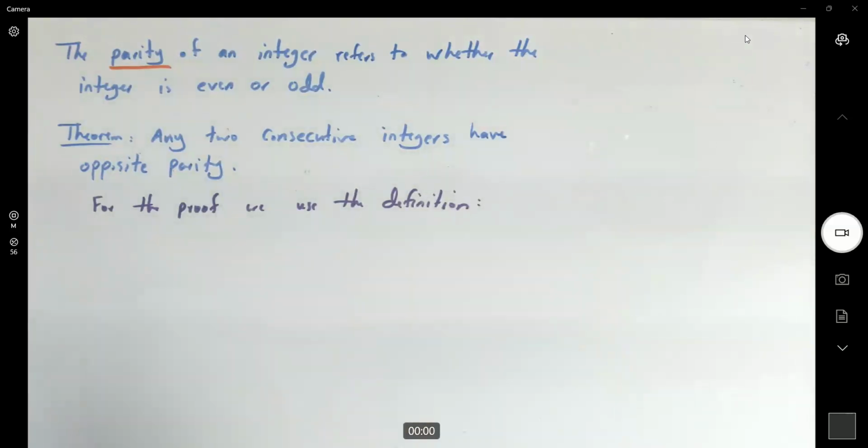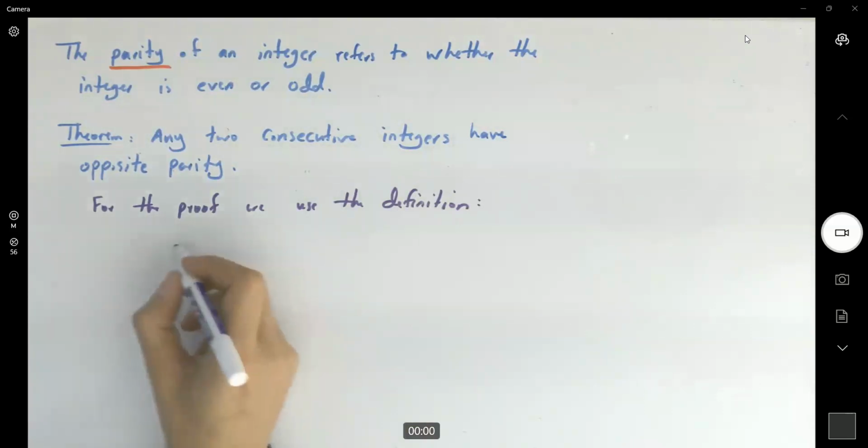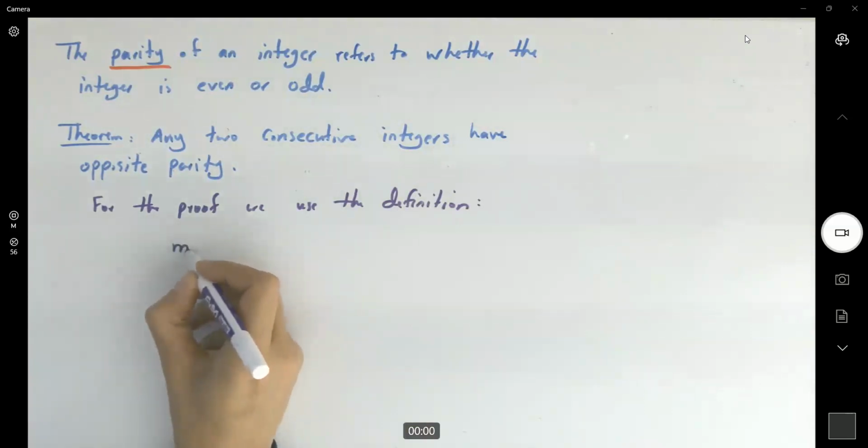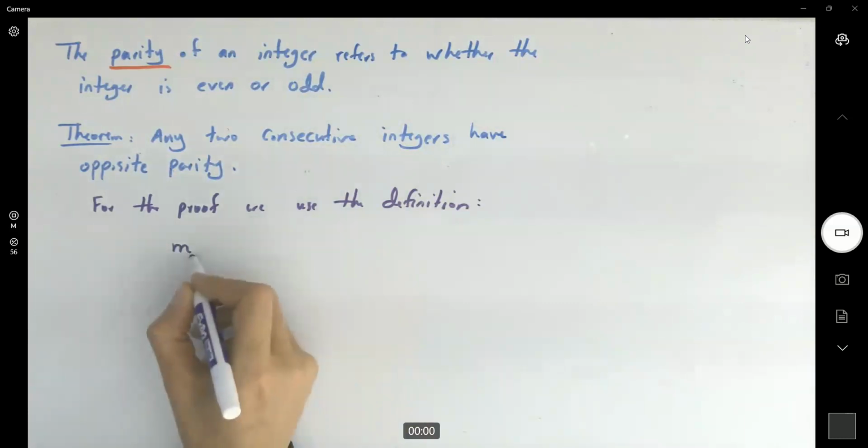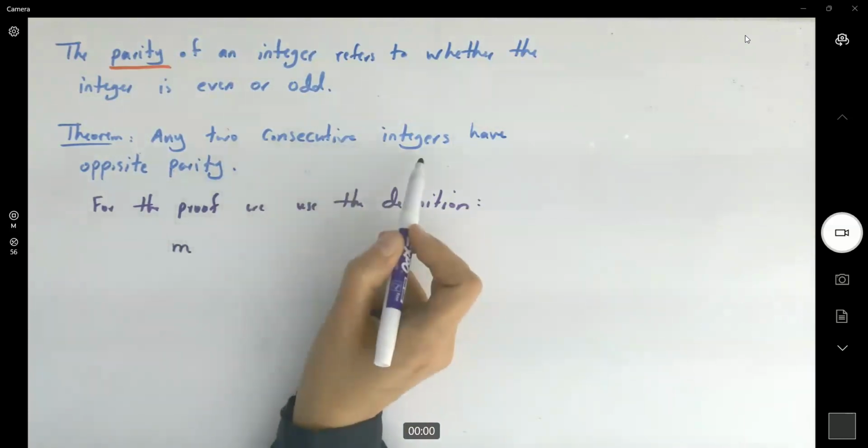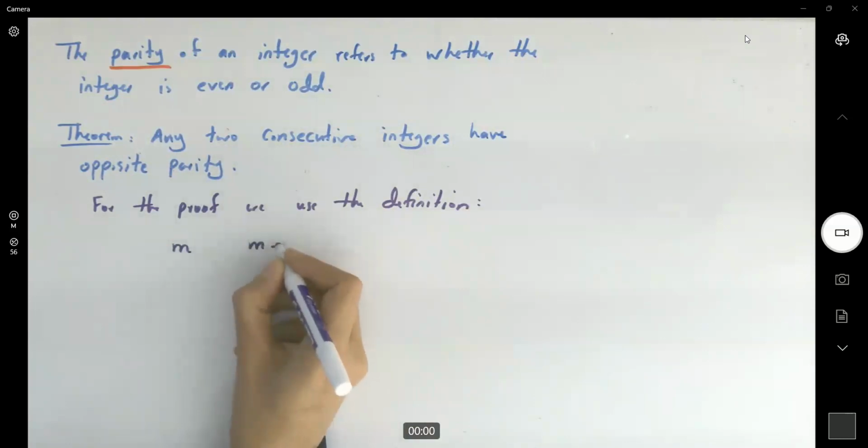So you have two consecutive numbers, am I right? So the very first one is represented by m, and the second one, that's the definition of consecutive integers, is m plus 1.